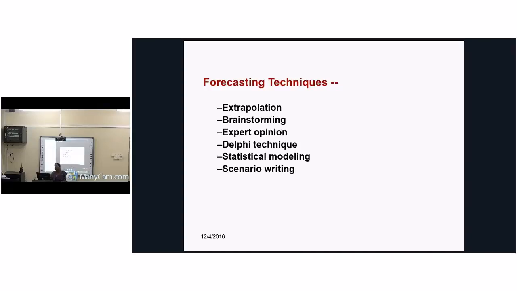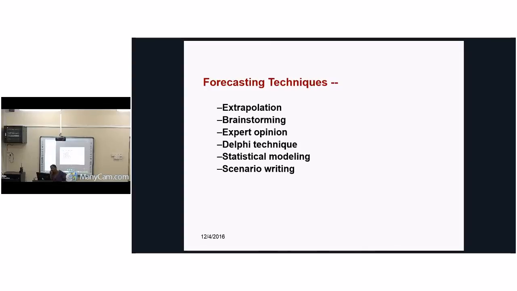Brainstorming means using the ideas of the experts; using their ideas, you can forecast how these factors behave in future. Then expert opinion is also similar.